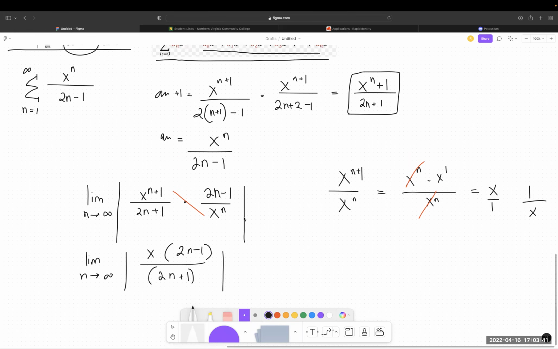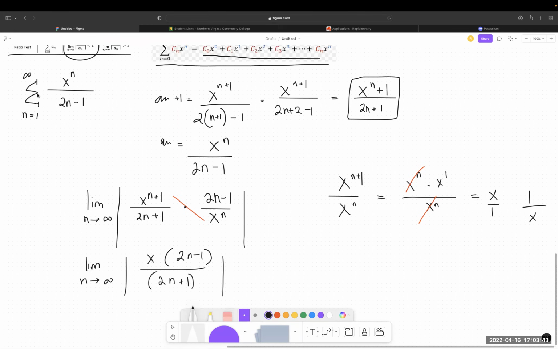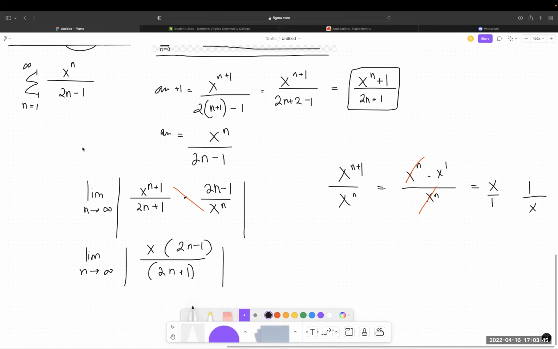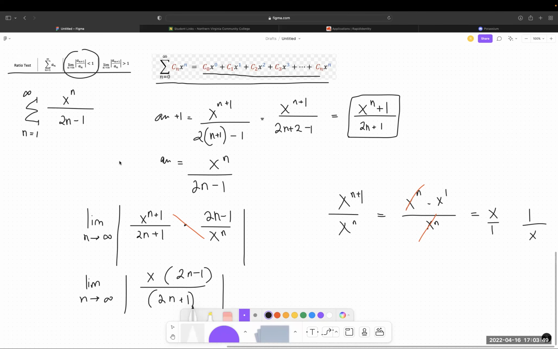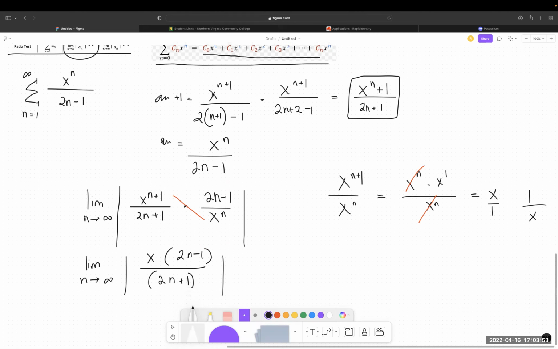So here we are, right? Just to recap, we're doing a power series problem here, and we wanted to apply the ratio test because comparing them is not consistent. We do the ratio test, we do a of n plus 1, and we get a of n plus 1 by adding 1s to all the n's wherever we see them. We embed the n plus 1 here instead of not embedding it.